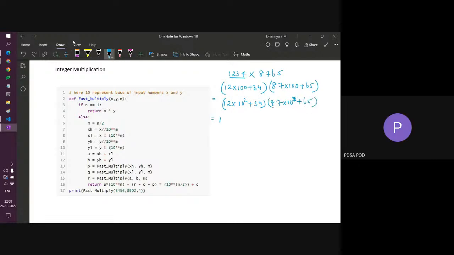This is equal to 12 into 87 into 10 power 4, plus 34 into 87 into 10 power 2, plus 12 into 65 into 10 power 2, plus 34 into 65. I have 4 multiplications to do to compute this if I'm doing a divide and conquer. So I'm going to bring it into simpler values.